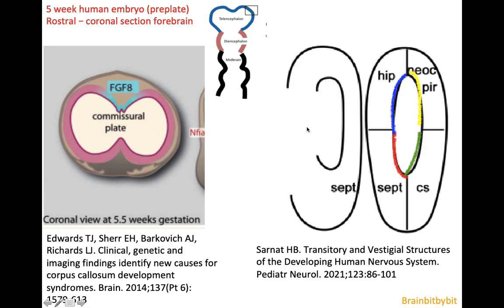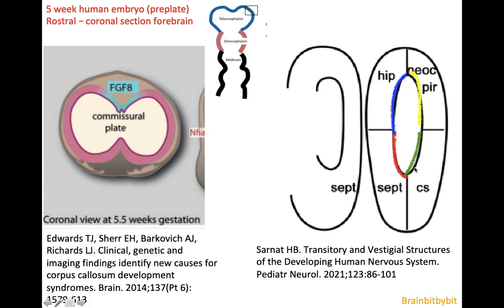And in this 5-week-old embryo, if you make a coronal section just anterior to the foramen of Monroe, as you can see in this article from 2021 from Dr. Harvey Sarnat, you can distinguish several parts of this ventricular zone with the germinal matrix and all these neural stem cells.